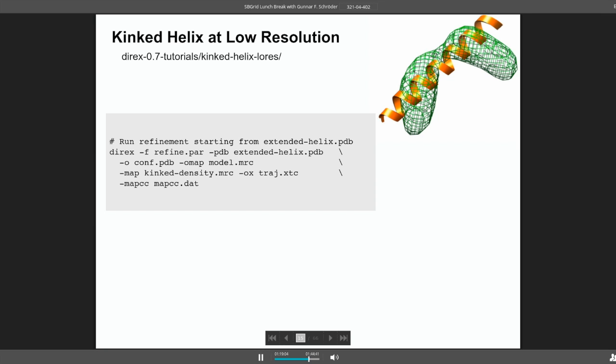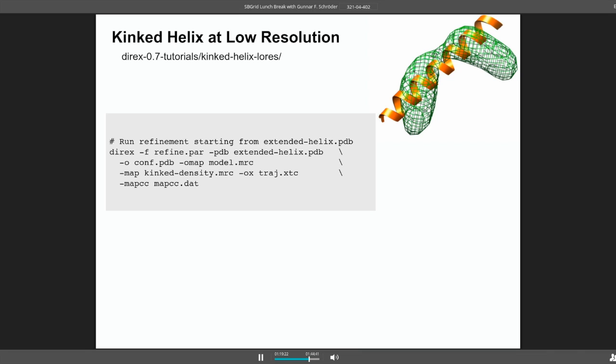So this is a typical way to run DireX. Again, you read the parameter file, the PDB file, and the map file. And what I always also do is write out, this is the -OX option, a trajectory file.